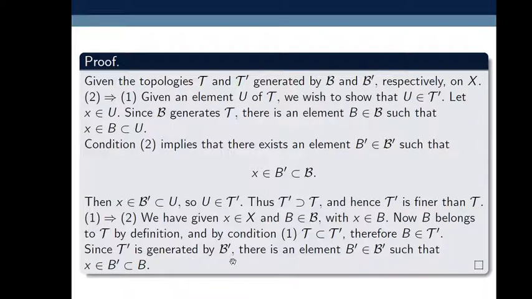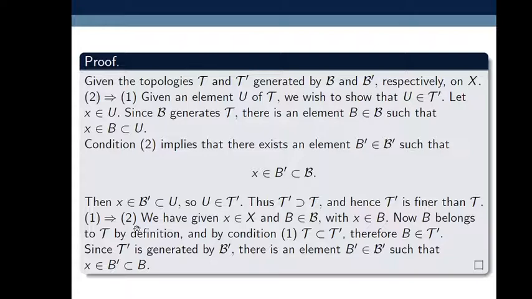So tau dash is generated by B dash, so therefore there exists a basis element B dash from script B dash such that X belongs to B dash and B dash is contained in B, which proves the second statement. So therefore here we proved 2 implies 1 and 1 implies tau.